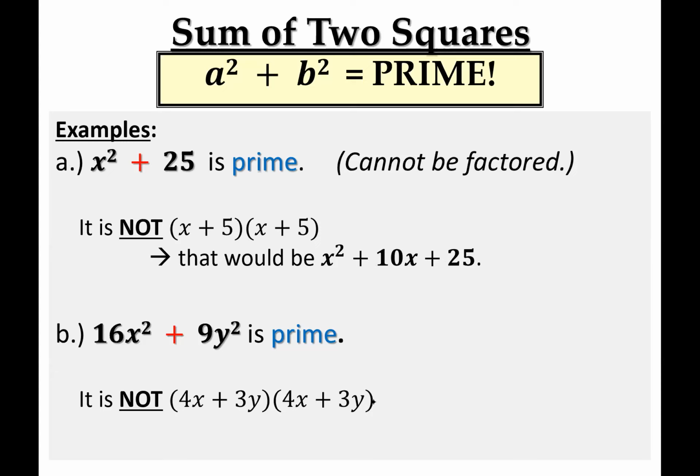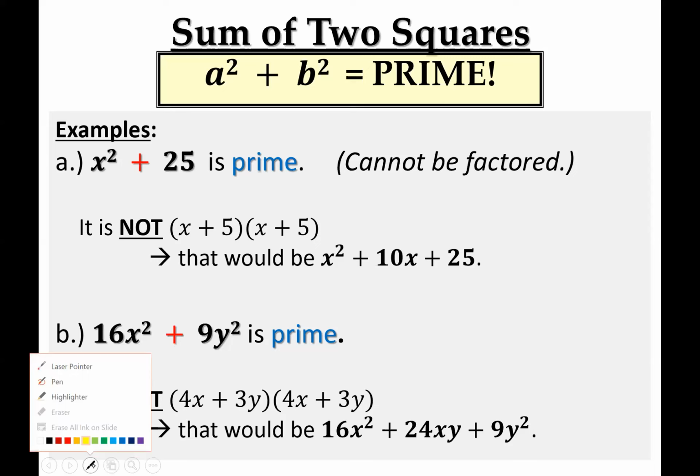Here's a second example, 16x squared plus 9y squared. If that was a minus, that would be different, but since it's a plus, this problem is prime. Just a little side note, all you would need to have different is the minus sign.